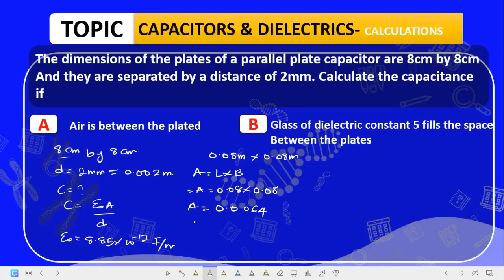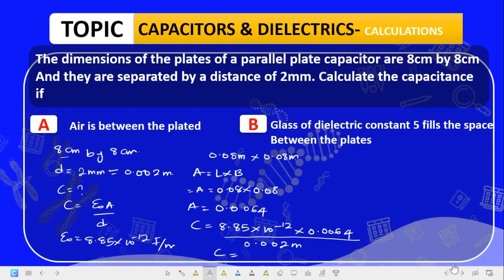0.0064. So that is your area, 0.0064. Now substituting in, C will be equal to 8.85 times 10 to the power of minus 12 times your area, 0.0064, divided by your D. This distance of separation is 0.002 meter.